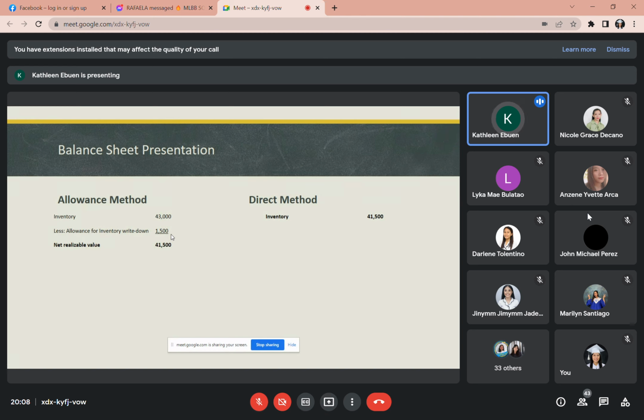And then sa second year, binawasan natin si allowance, dinebit natin siya for 380. Natira na lang po is 1,500. And our net realizable value is 41,500. So, direct method naman, so since ginamit natin si LCNRV, lower of cost and net realizable value, yung inventory natin, tama ang valuation at 41,500.